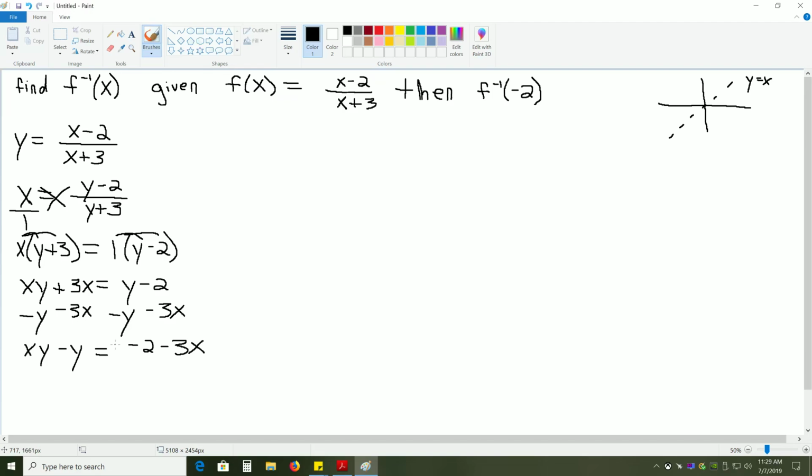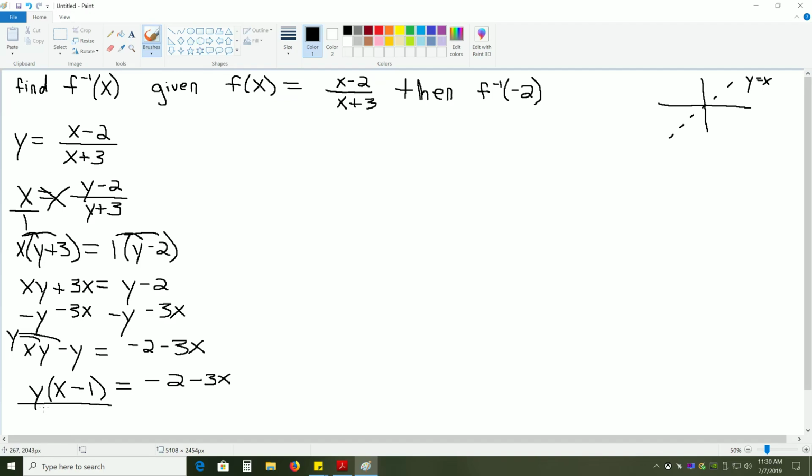And now at this point, we can factor out a common y between these two terms. The only way to turn these two y's into one y is to factor out a y. And when we factor out that y, we'll be left with x minus 1. So we have y times (x minus 1) equals negative 2 minus 3x.